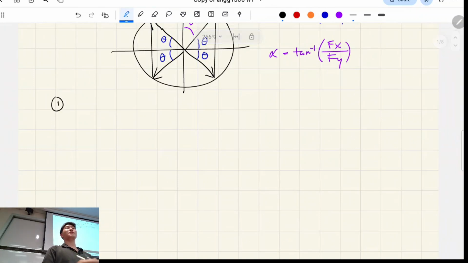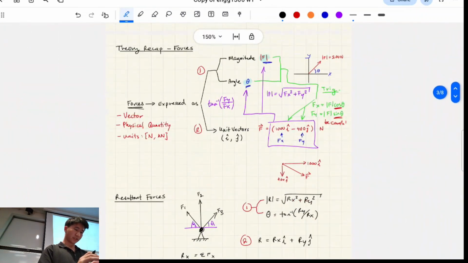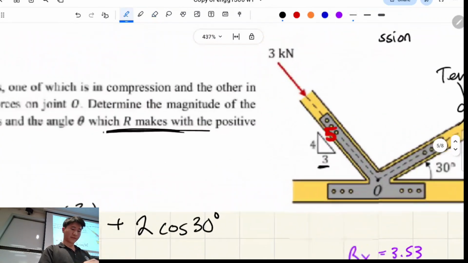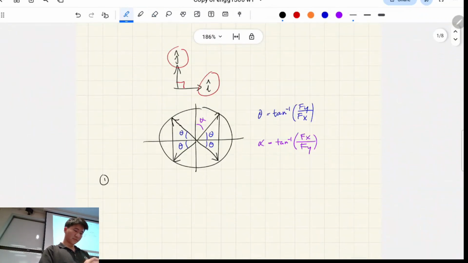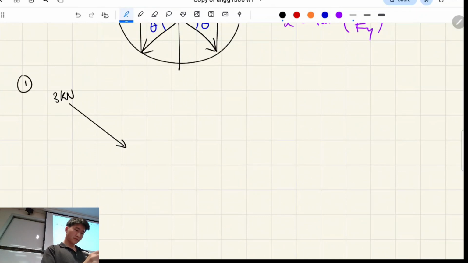The first one is on what I meant by the triangle ratios from earlier. So I'm just going to redraw that truss member. I think it looked like this.